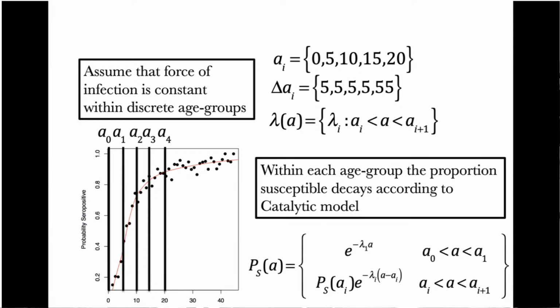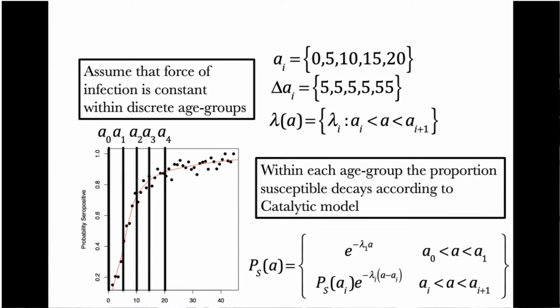This is basically the proportion susceptible from the previous age group, and then you decay that by the force of infection in the age group that you're interested in.